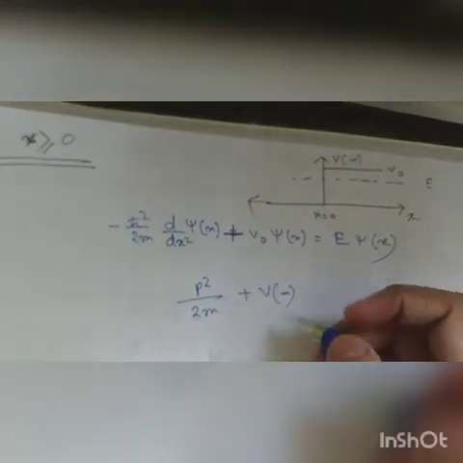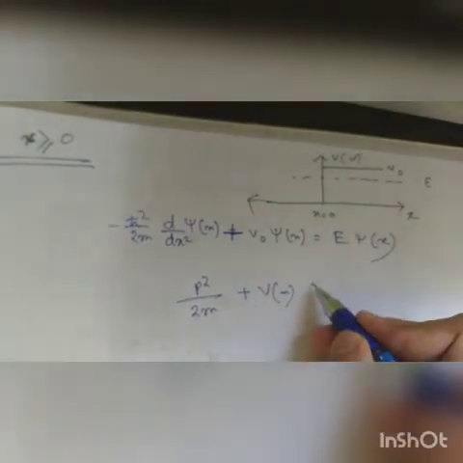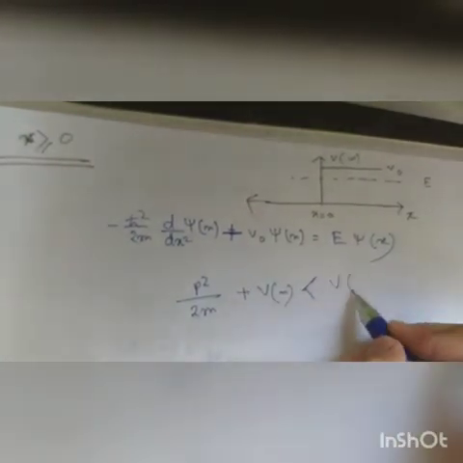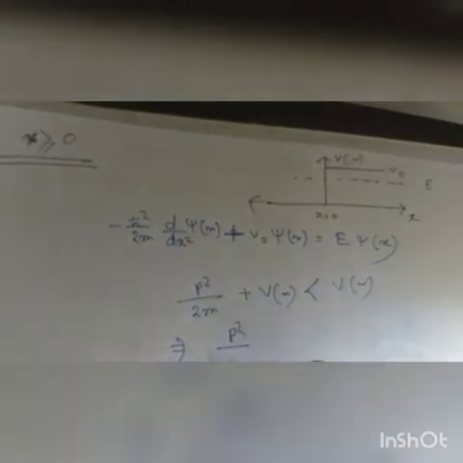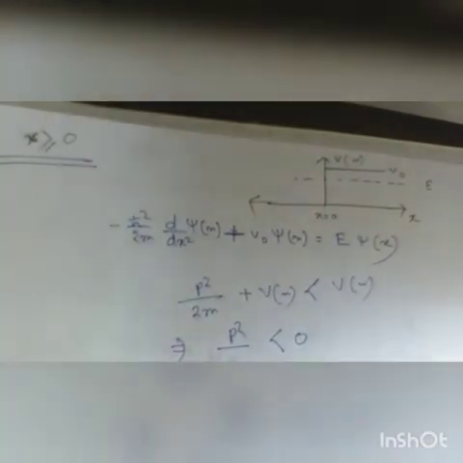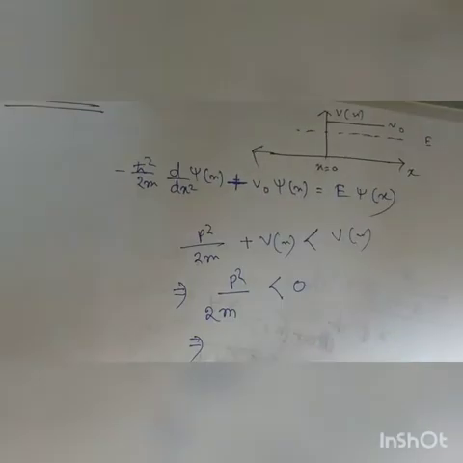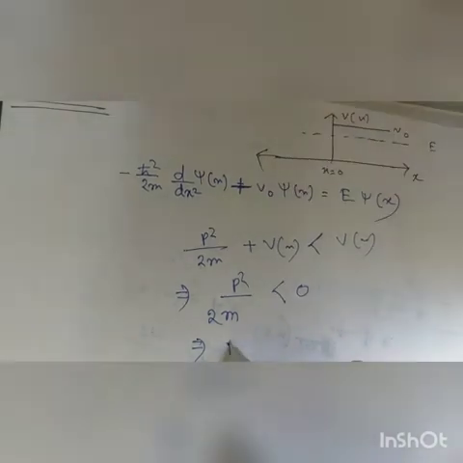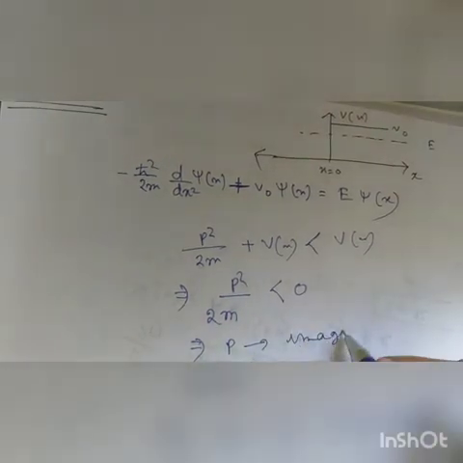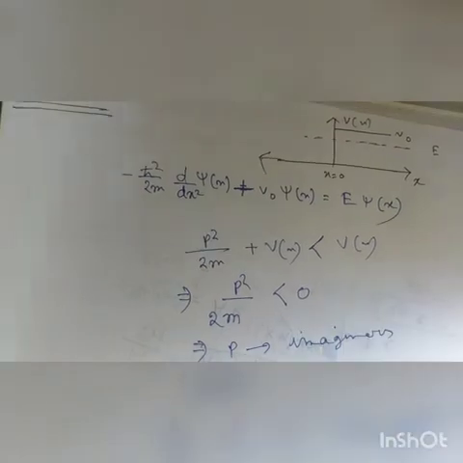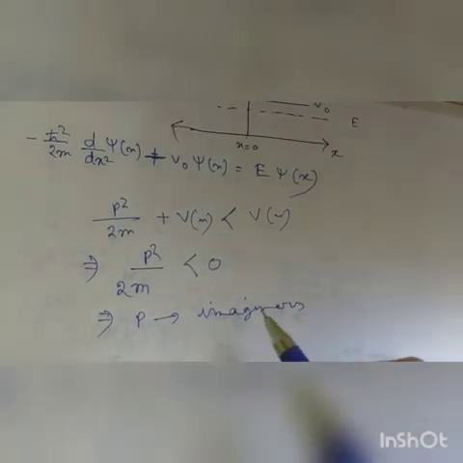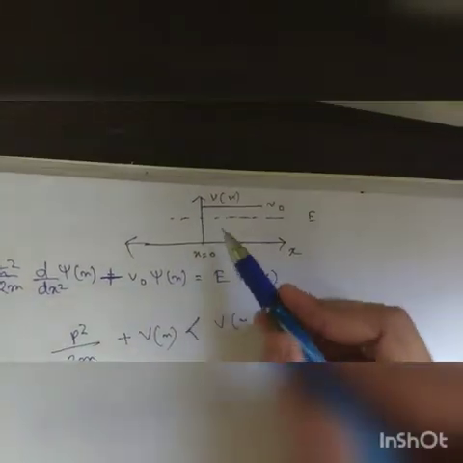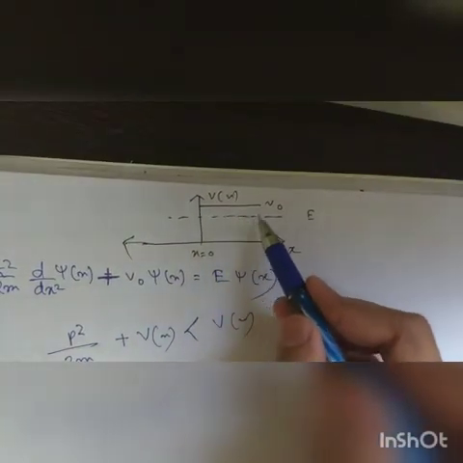But in this case the total energy is less than the potential energy, so we would have got p square by twice m less than 0. That would have given p to be imaginary, so it is impossible. According to classical mechanics, we would not find any particle in this region.